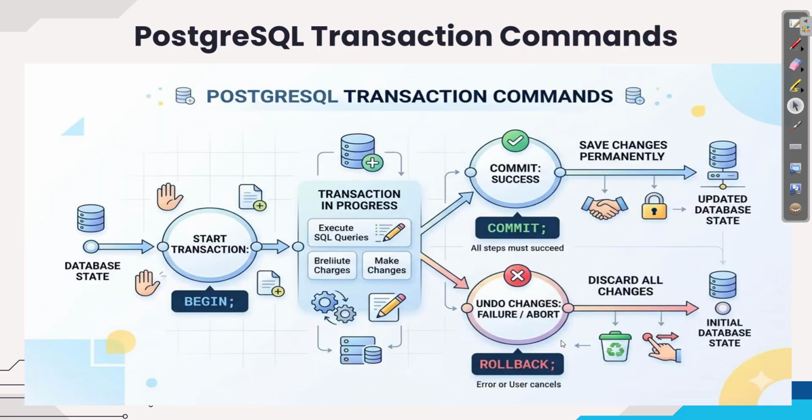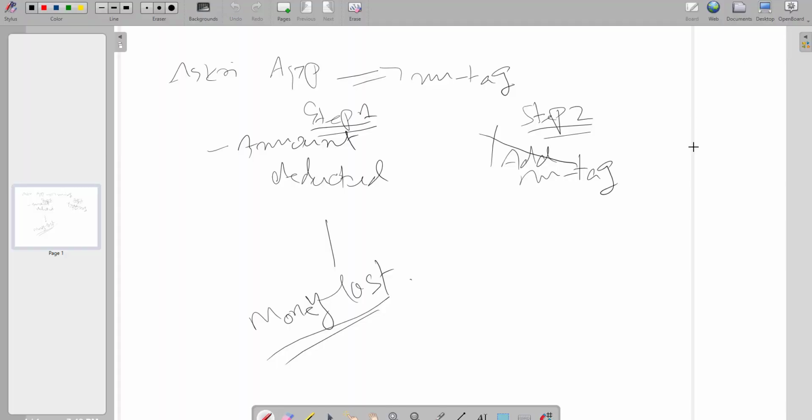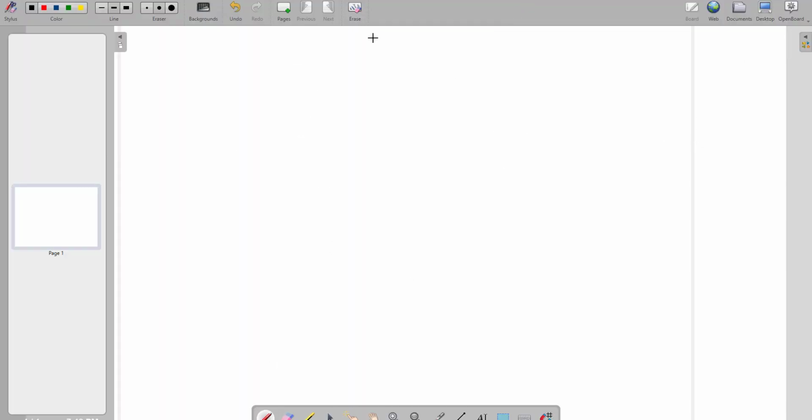Okay, PostgreSQL commands. By using the BEGIN command, a transaction is started. So this command starts the transaction.